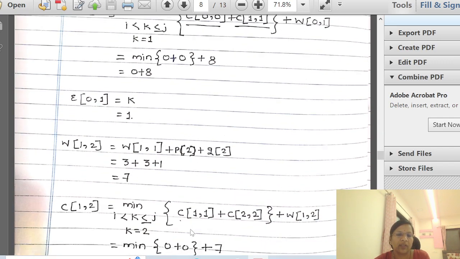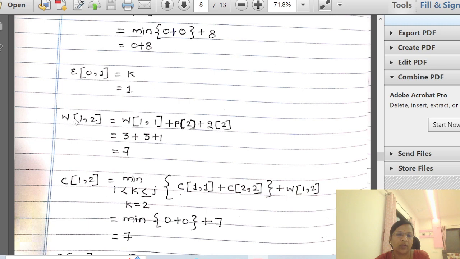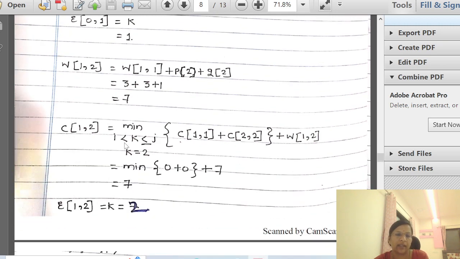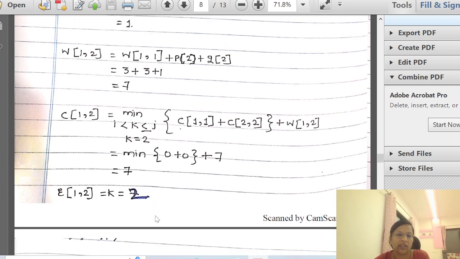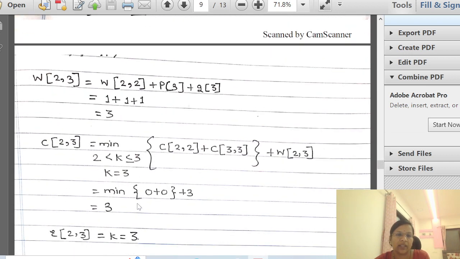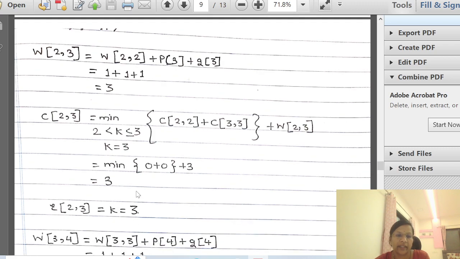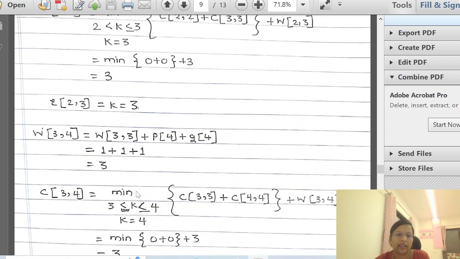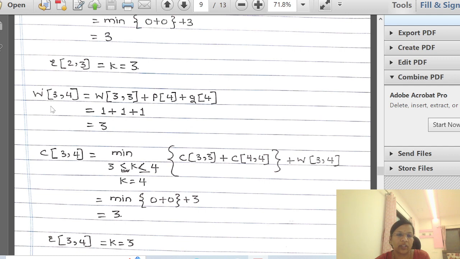In a very similar way we calculate w of 1, 2. We can see here again the difference between i and j is 1. So again cost will be calculated, and for which value of k we are getting minimum cost is identified, and that value is assigned to root. Next you will go for another pair where the absolute difference is 1, w of 2, 3, calculate cost and calculate root value, and again at the end you will have w of 3, 4 where the absolute difference is 1.